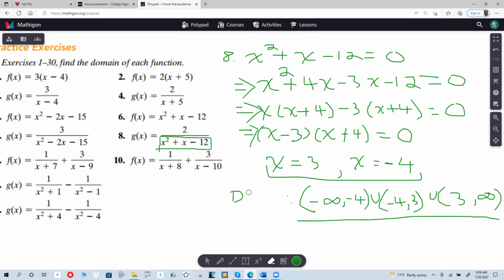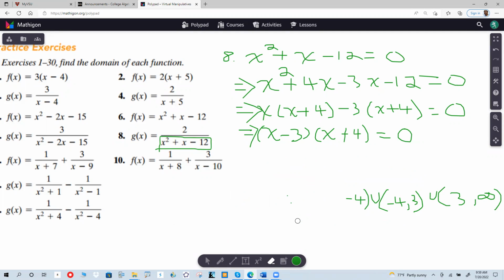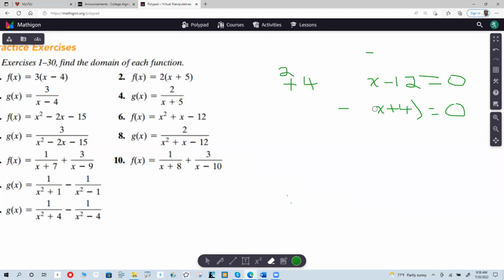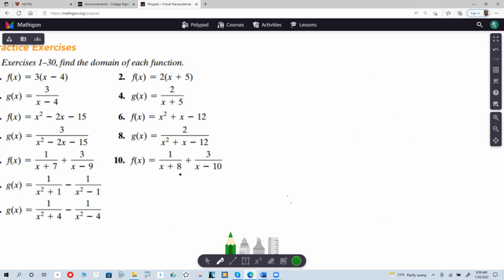Let me ask you, who's going to tell me what 10 is? You can always tell me in English, and I can write it mathematically. What's the domain of 10? In other words, we are asking, is there a bad denominator? They have two denominators here.